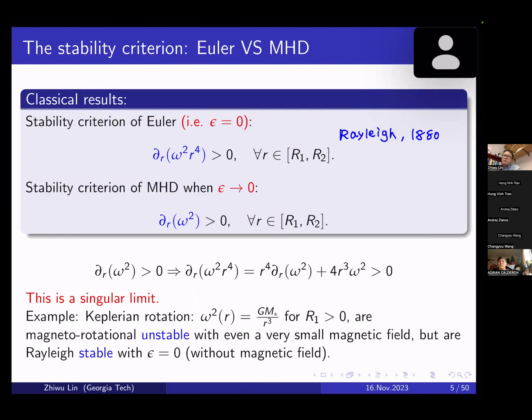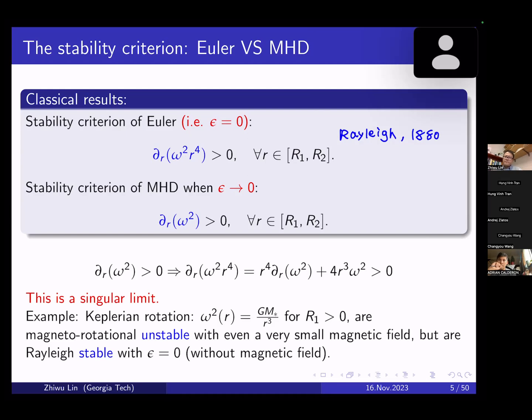If you compare these two criteria, the second one is stronger than the first one. In other words, if the partial r of omega squared is positive, then it implies the Rayleigh criterion, but not vice versa. So in a certain sense, if you let epsilon go to 0, this is a singular limit. You do not recover the Rayleigh criterion, even if the magnetic field tends to 0.